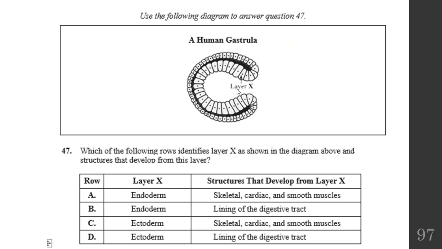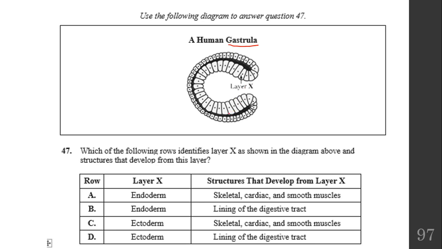This question says, which of the following rows identifies layer X as shown in the diagram above and the structures that will develop from this layer? So in a gastrula, we have that disc, and that disc has 3 layers. The ectoderm, the mesoderm, and the endoderm.